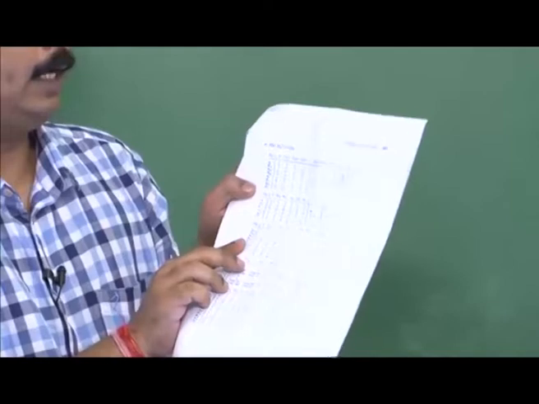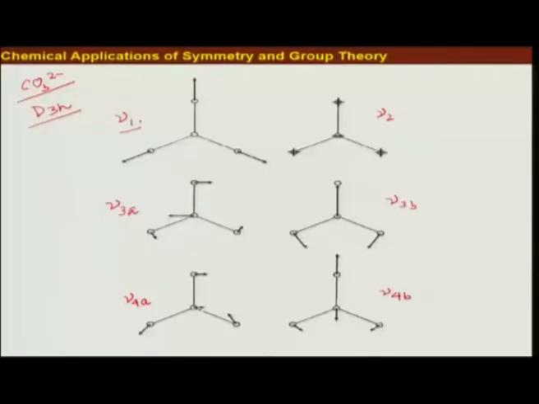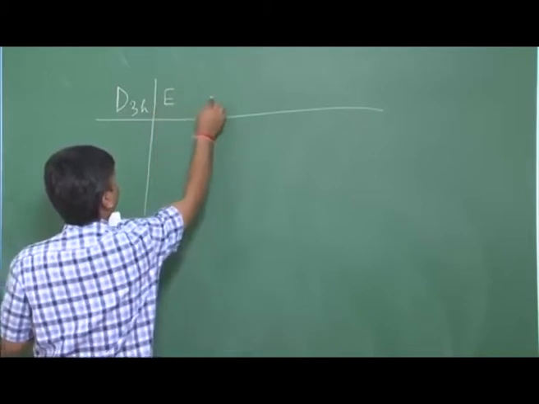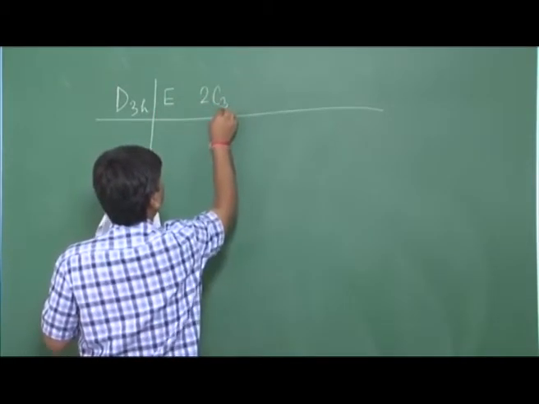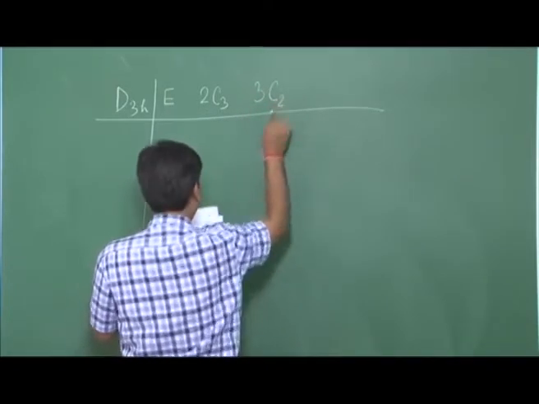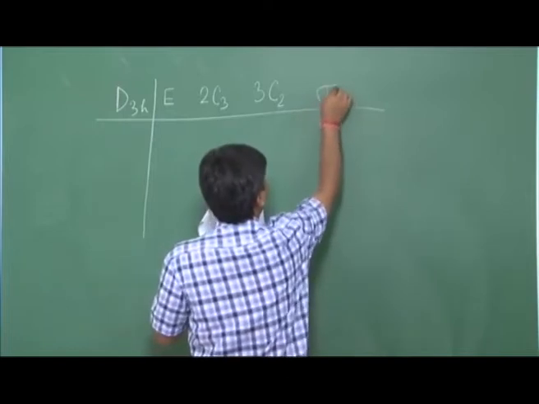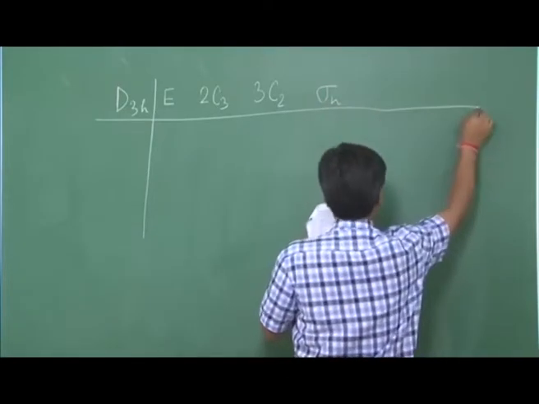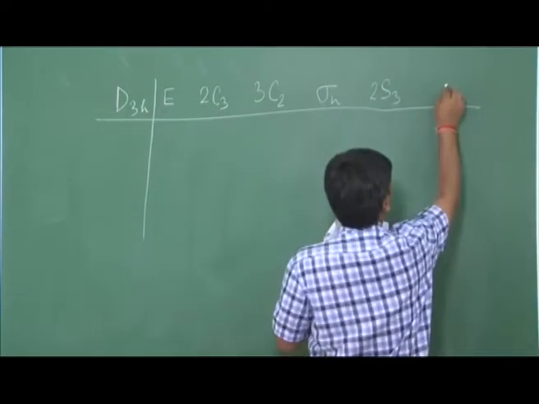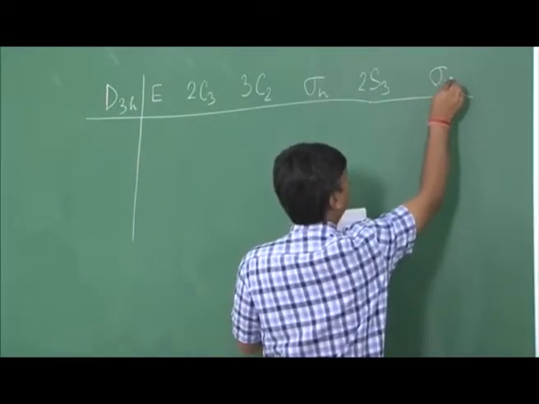So we can easily figure out the symmetry operations that it has. It has identity, it has C3 and C3 square, it has 3 C2 primes, it has sigma h, it has S3 and S3 5, and it has 3 sigma v's, right?